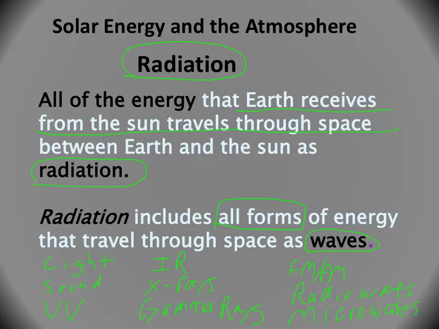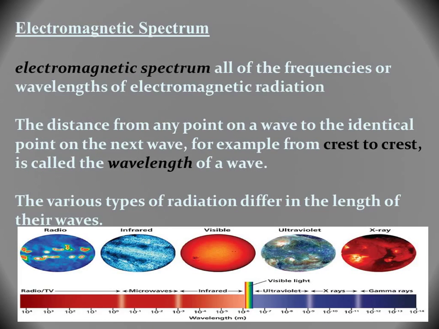And that's just a few of them. Those are like the ones you've probably heard of most, if not all of those. And all of those are forms of radiation.